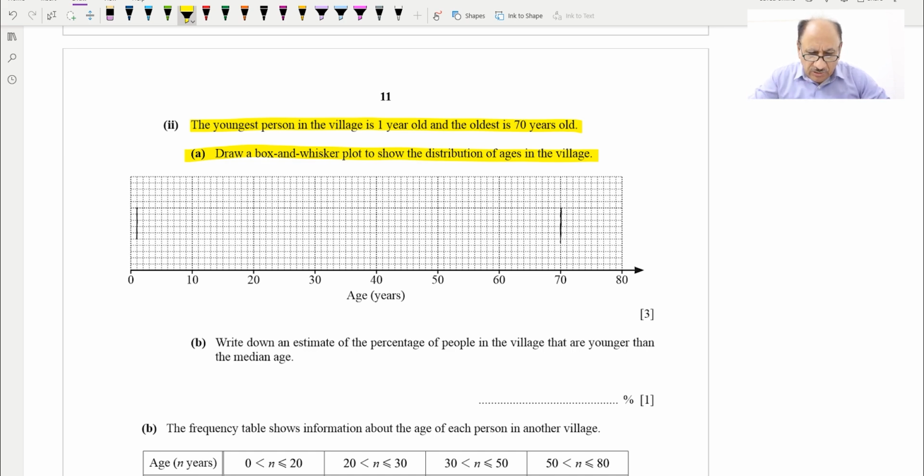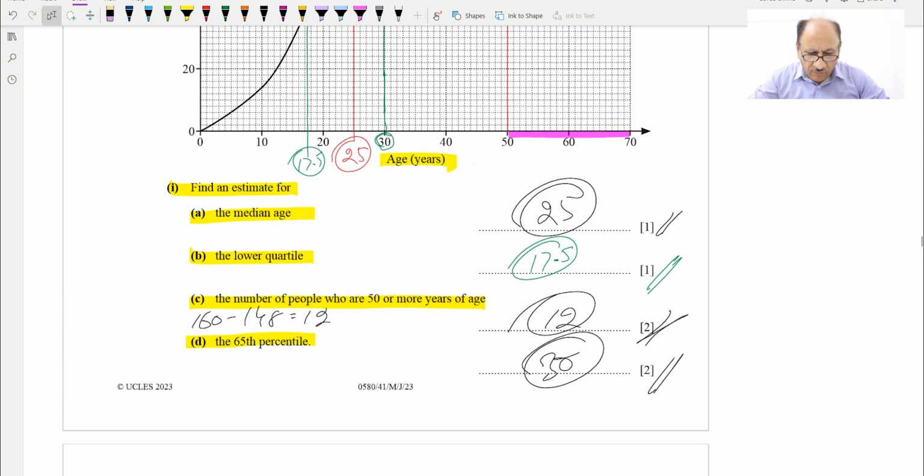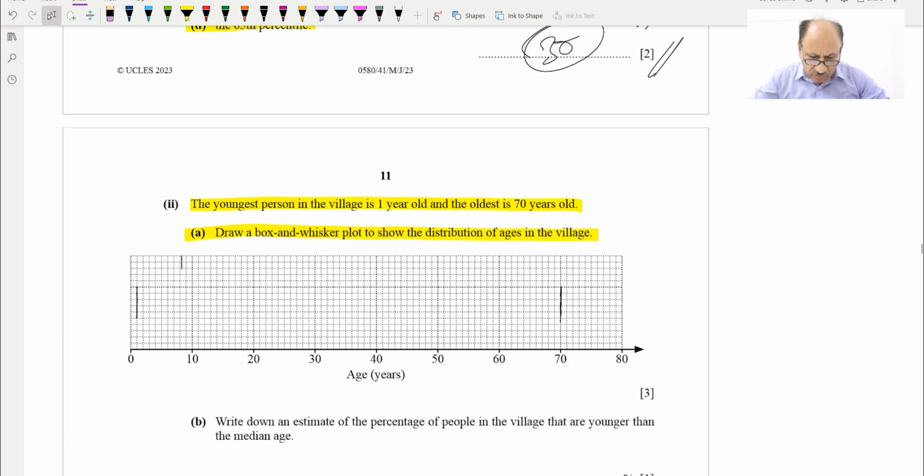So we know the median, we calculated here, is 25. So we'll go to the 25 mark. So 1, 2, 3, 4, 5, up to this one.